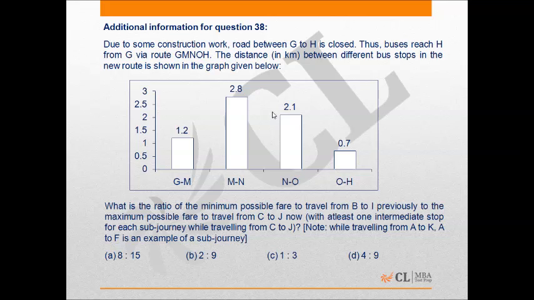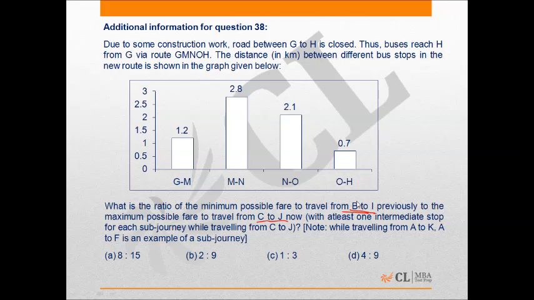Now it is asking what is the ratio of the minimum possible fare to travel from B to I previously to the maximum possible fare to travel from C to J now, with at least one intermediate stop for each sub journey while traveling from C to J. Note, while traveling from A to K, A and F is an example of a sub journey.